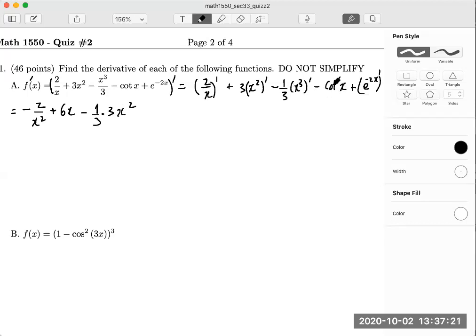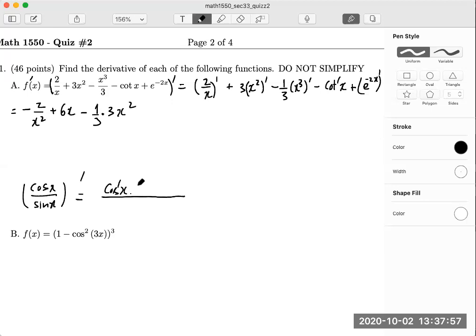And cotangent derivative. Cotangent is cosine over sine, right? So for the derivative of this, we can apply the quotient rule. And what is it now? So the derivative of a quotient will be the derivative of the numerator, right?